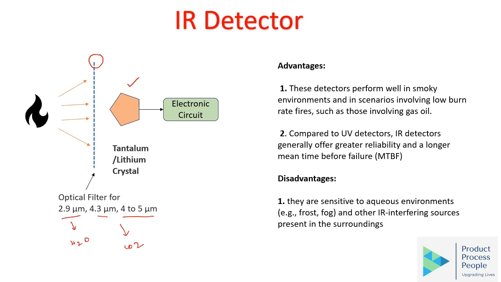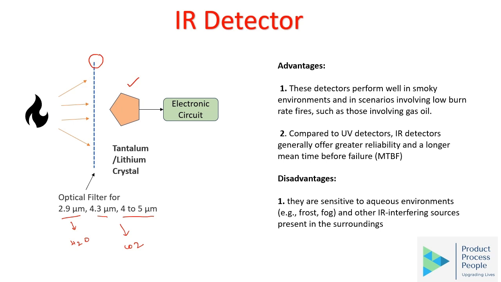They perform well in smoky environments and low burn rate fires, but are sensitive to aqueous environments and other IR interfering sources. To enhance their performance and reduce false alarms, multi-IR configurations are often preferred.